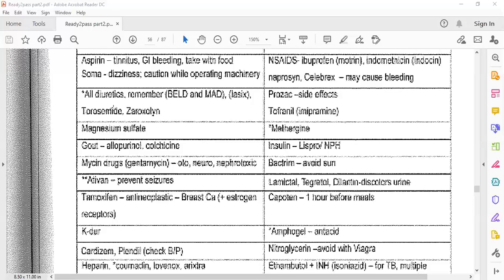So all are common diuretics. And diuretics are the fastest and safest way to reduce high blood pressure. Okay.